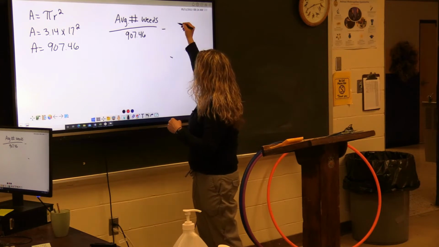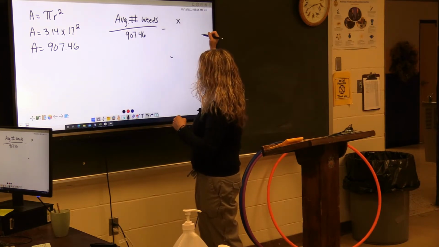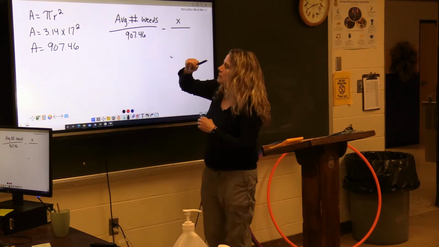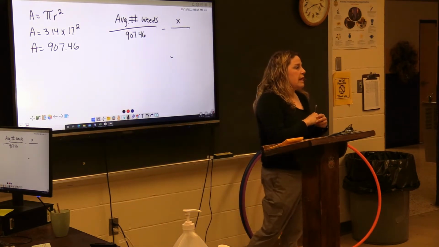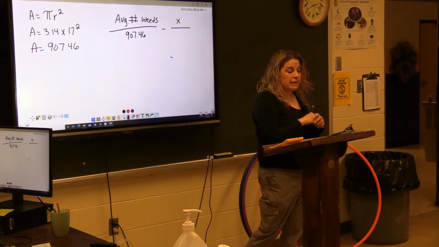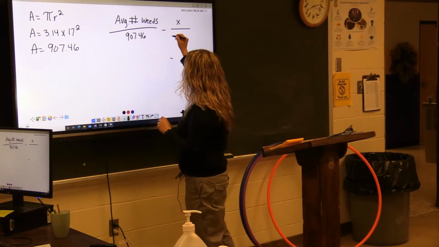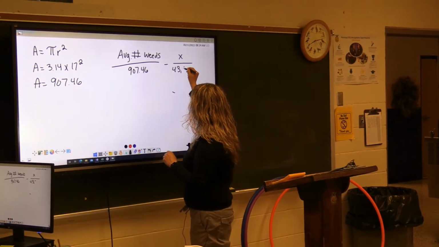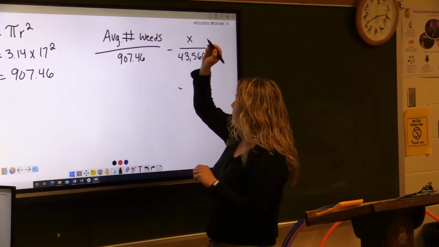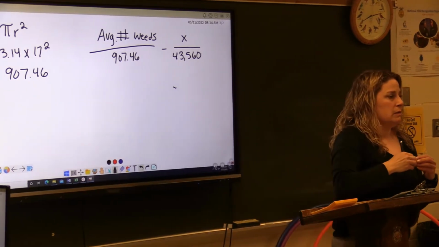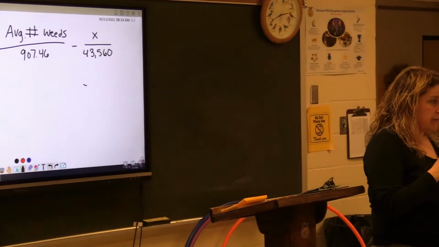Equals, and we're going to say X over, and you'll notice that in your example problem they give you 43,560 feet. Why did they use that crazy number? It's 1 acre. That is the square feet of an acre.